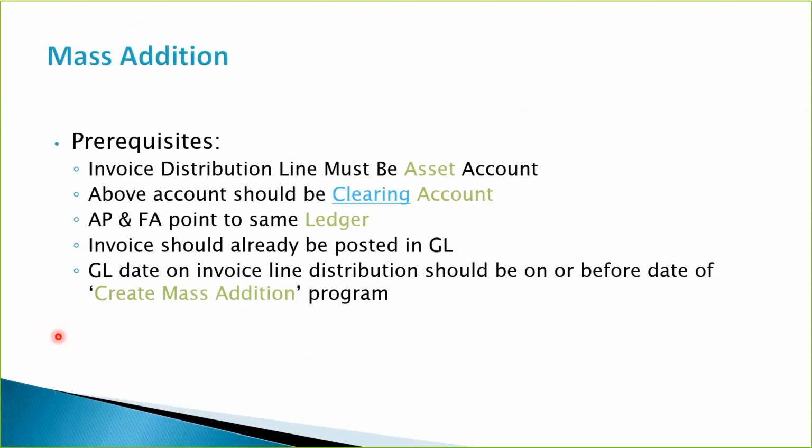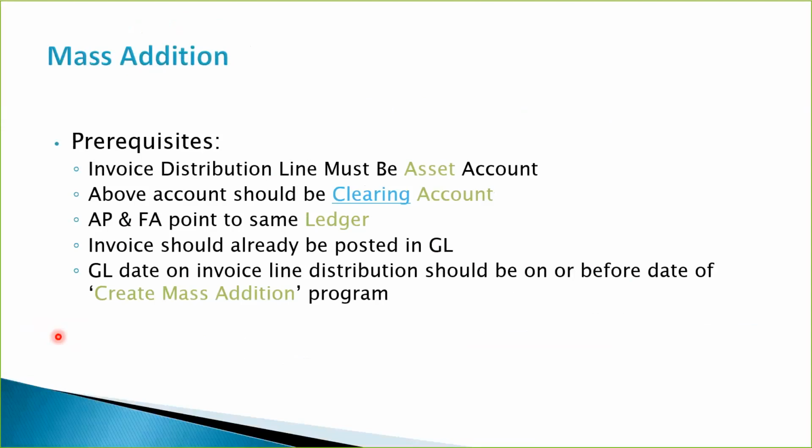In that invoice also, one of the lines at least, if that invoice is the one you're going to refer to when you're doing mass addition, must be an asset account in the segment values, account type. So you have asset, expense, liability, and so on. It must be an asset account in the distribution.